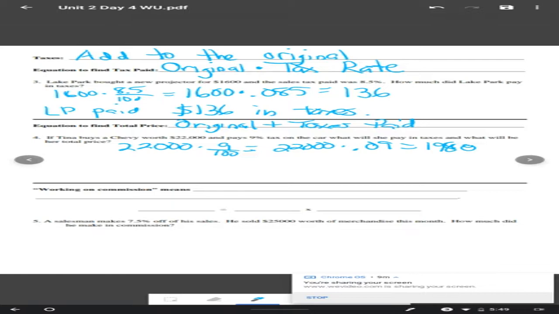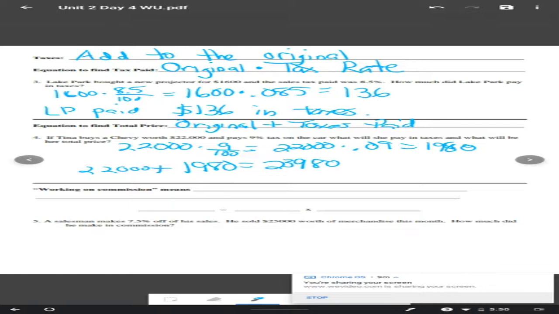So that would be my taxes, and then for her total price, we need to actually add it. So if we take the original 22,000, we add 1,980, that'd be $23,980 total.